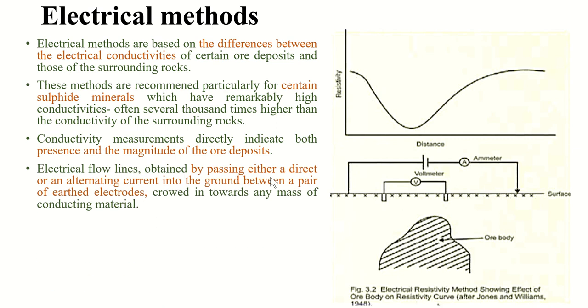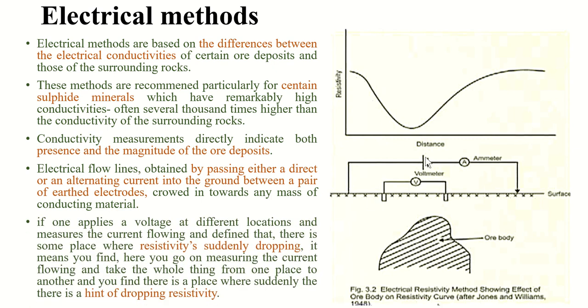So how do we get this signal? First, by passing direct and alternating current into the ground between a pair of earth electrodes. Here is the electrode, and using the voltmeter, while the electric current is applied, we get the signal in the form of resistivity. If there is some sudden dropping in the resistivity, then on the basis of this signal we can find there is some conducting body.